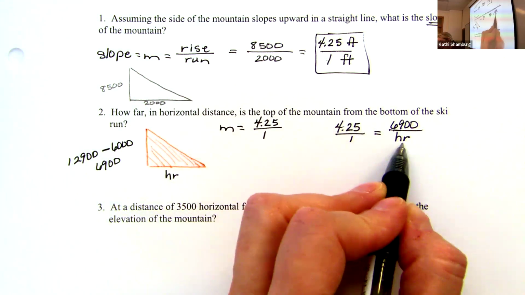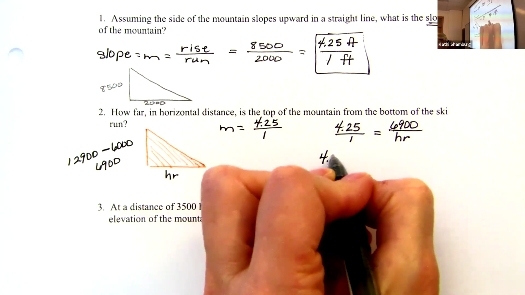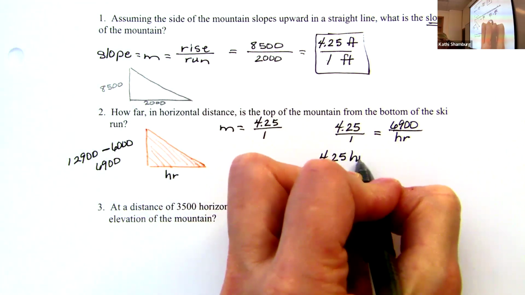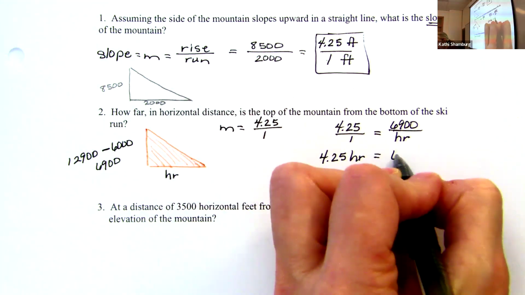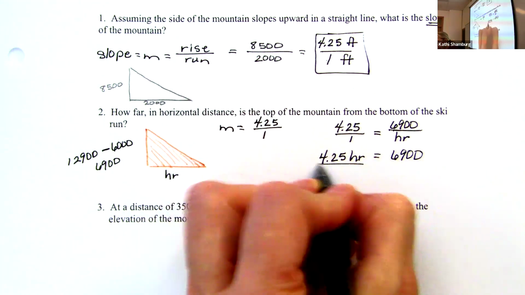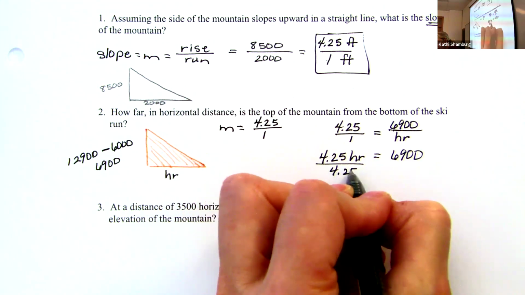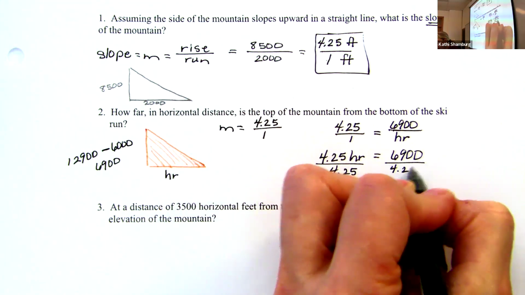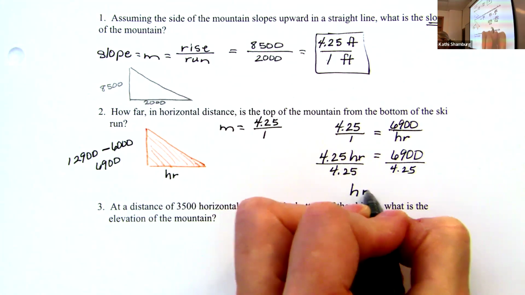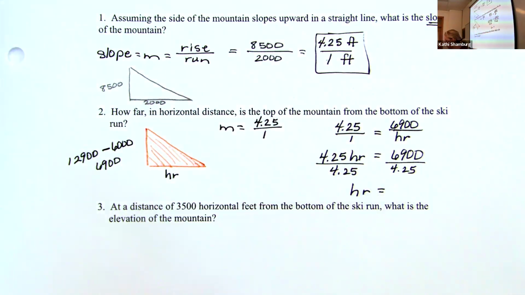So 4.25 times horizontal run equals 6,900. So divide both sides by 4.25. And your horizontal run is equal to, give me 2 decimal places.